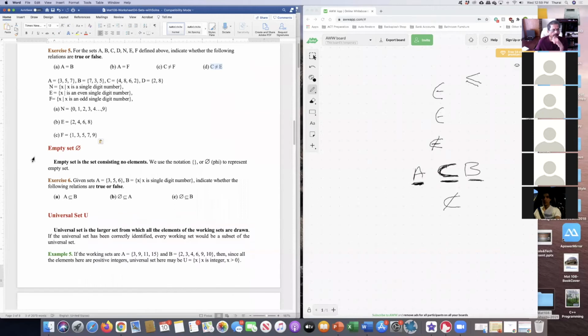All right, now empty set. An empty set is a set that contains nothing. We will run into such sets, and we have two notations for it. Curly brackets with nothing written inside is one notation. More commonly used is this symbol. You read it as phi.